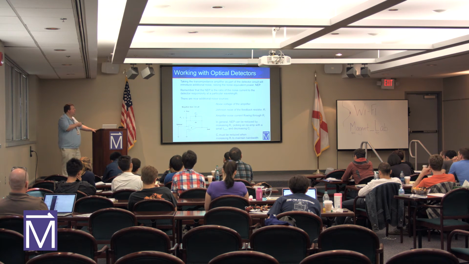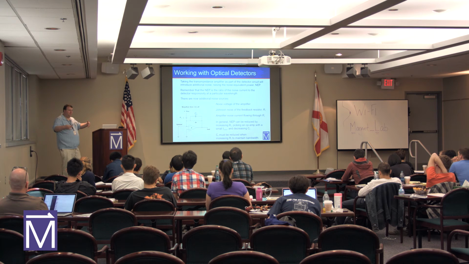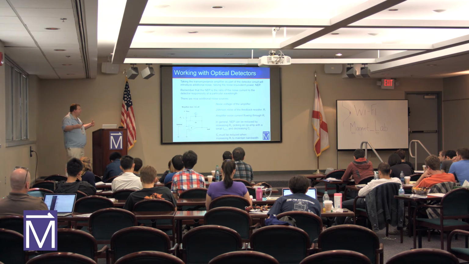The point is that the Johnson noise of the feedback resistor is involved, but remember we can reduce that by making that feedback resistor larger. That also tends to increase the gain. And we also have to take into account the amplifier noise current flowing through the feedback resistor.